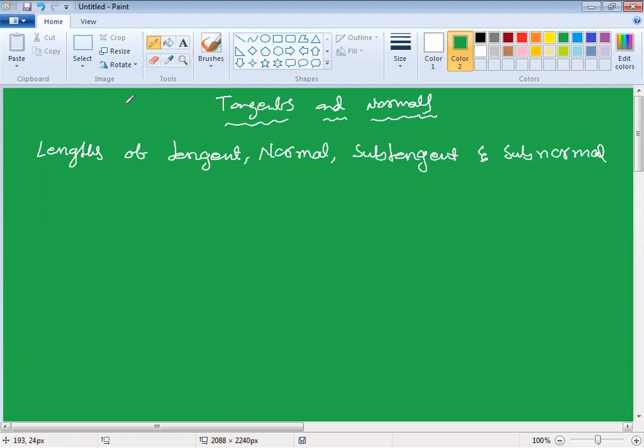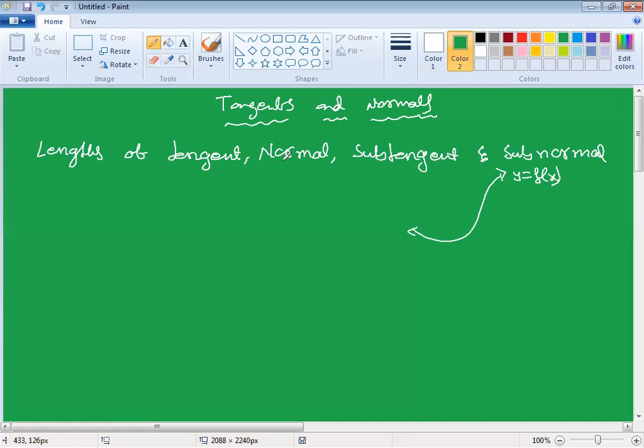So in the diagram, how we can understand all these lengths, I will give you. Suppose I'm taking a curve, this is a curve y equal to f of x, and on this curve I'm taking a point P(x1, y1). At that point only we can draw tangent, normal, subtangent, subnormal, whatever it is.